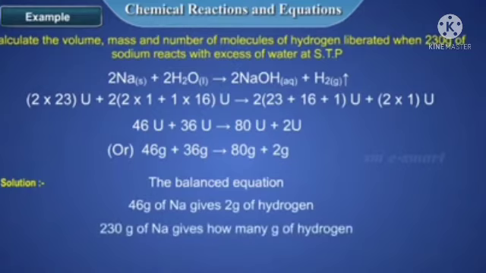The balanced equation: 46 grams of sodium gives 2 grams of hydrogen. Then we want 230 grams of sodium gives how many grams of hydrogen?